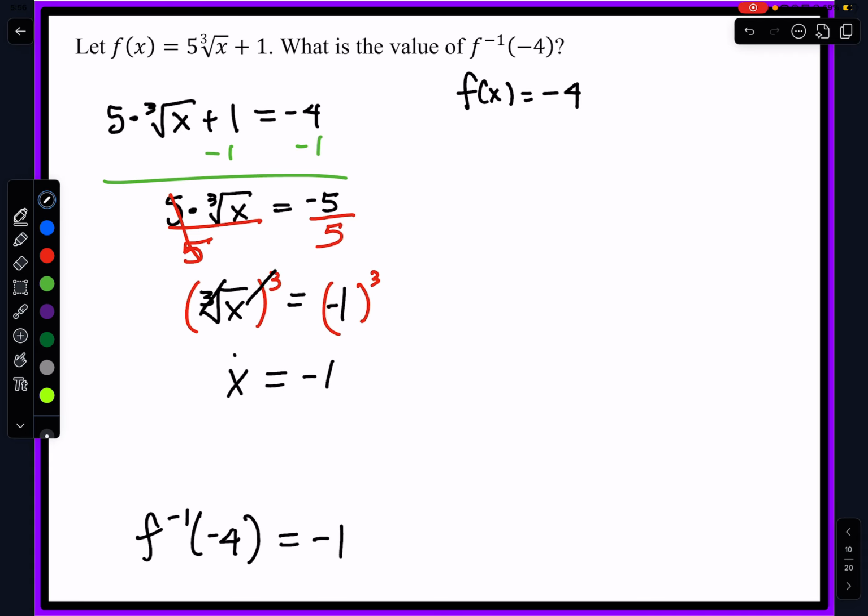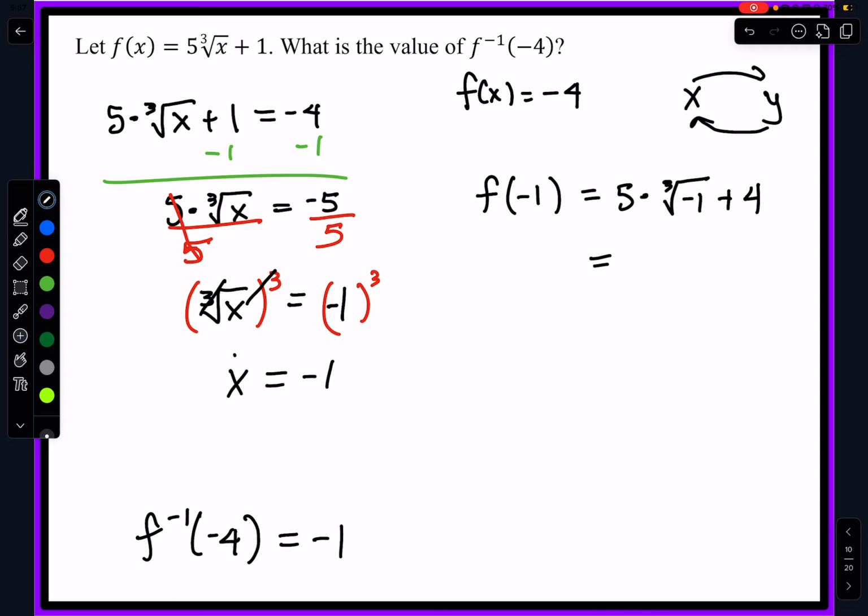And again, what I want you to understand here is why this is the answer. The reason is that since the x value and the y value are flipping, if I plug in -1, now that I know the solution, into this function, 5 times the cube root of -1 plus 4, this is going to end up equaling -4.